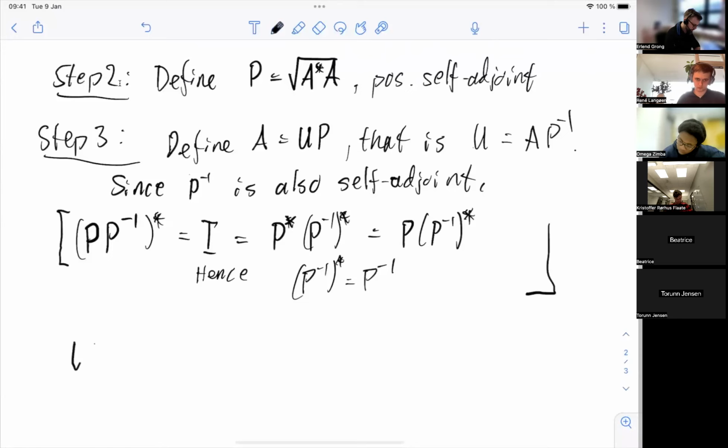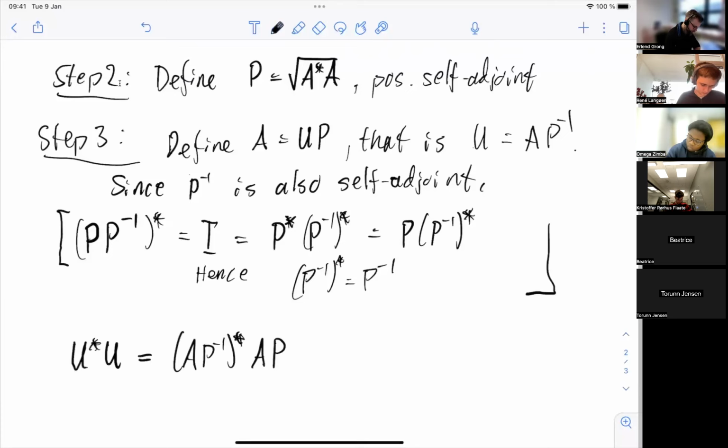And then we can look at what happens if I take U star U. Then that's equal to A P inverse star A P inverse. So here again, the conjugate transpose changes the order.